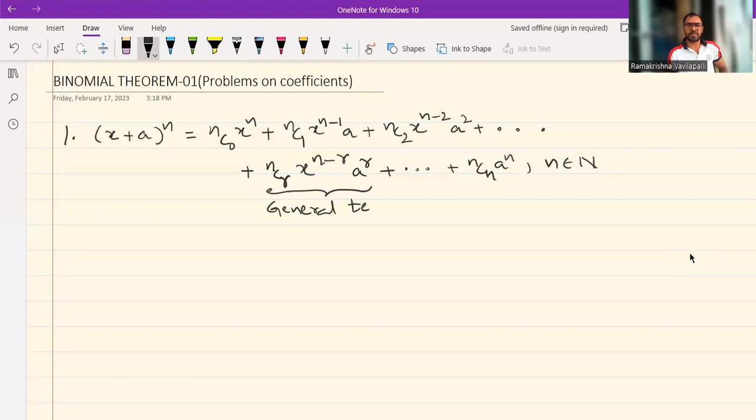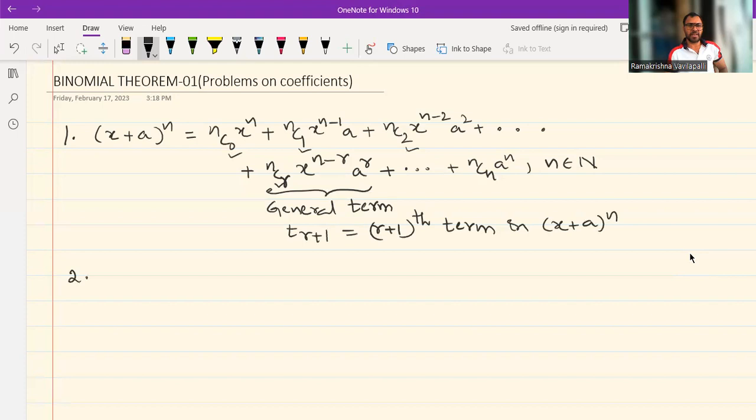And this general term is denoted by T(r+1), which means it is the (r+1)th term. Remember 0, 1, 2 and r, so it is the (r+1)th term in (x + a)^n.